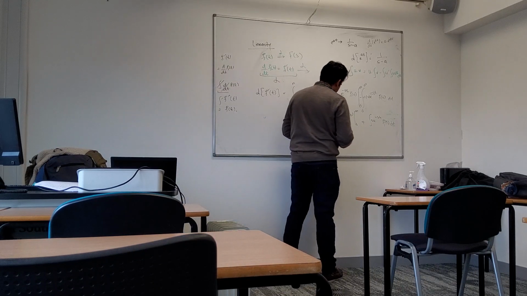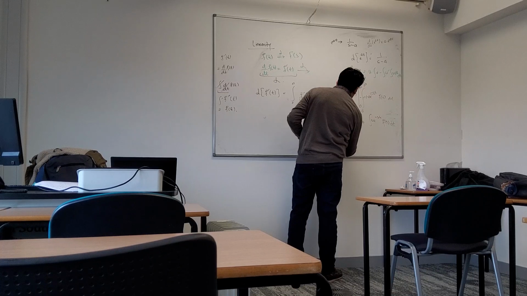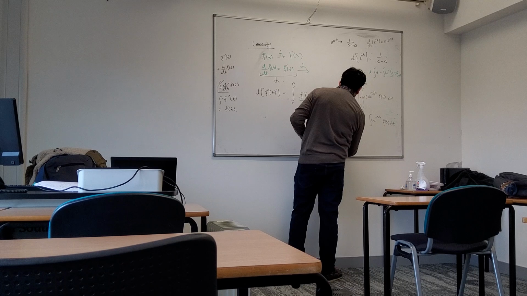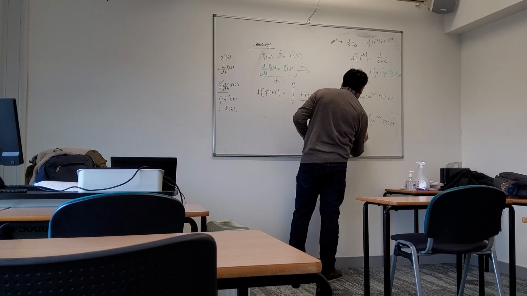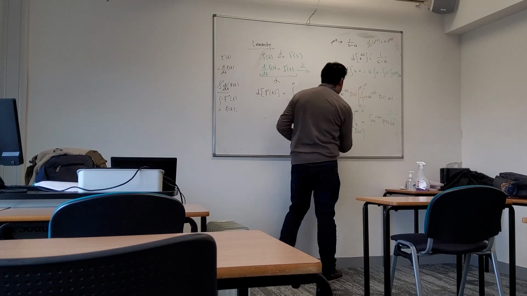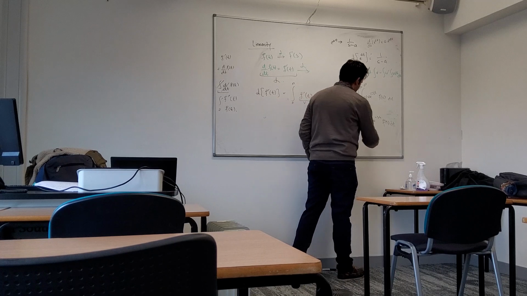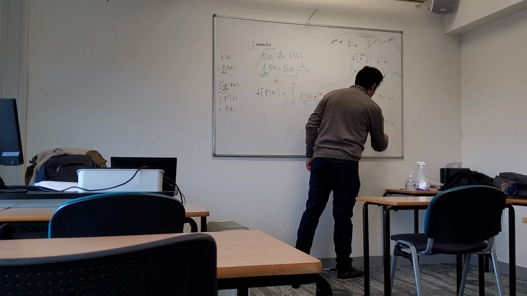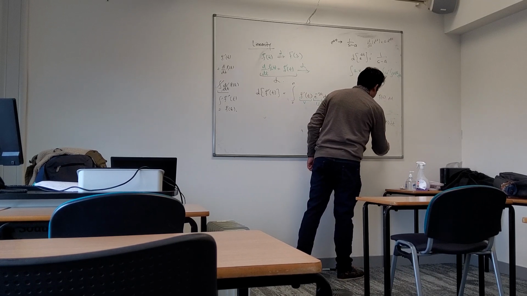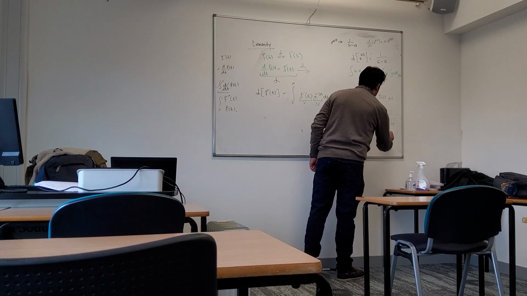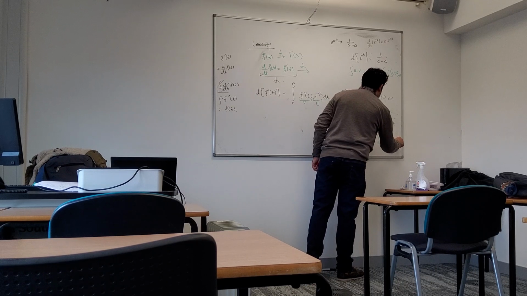It would be e power minus infinity f of infinity minus e power 0 f of 0. This is how we apply limits on t. The first part is going to be 0. Then it would be s times the integration from 0 to infinity of e power minus st f of t dt.